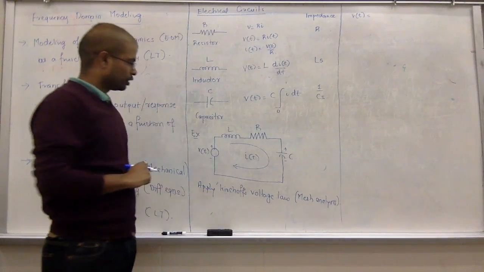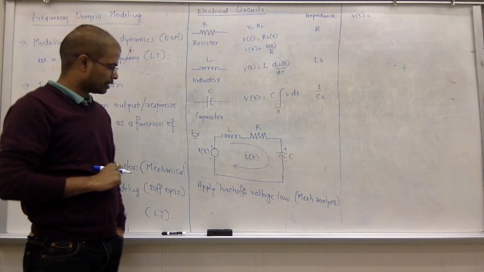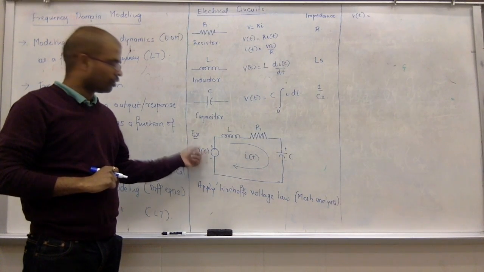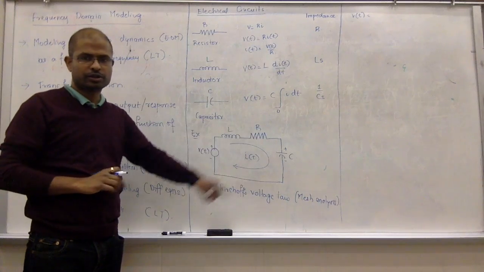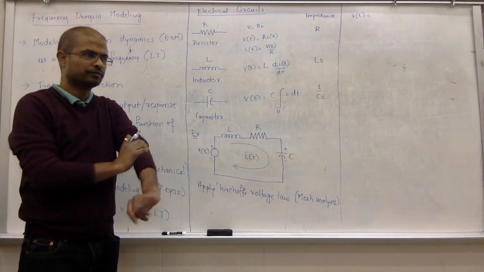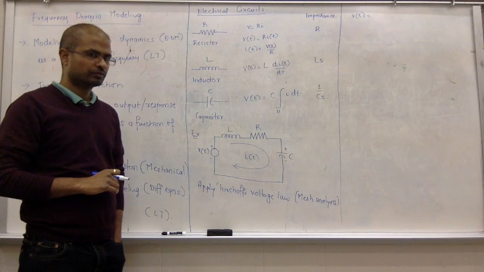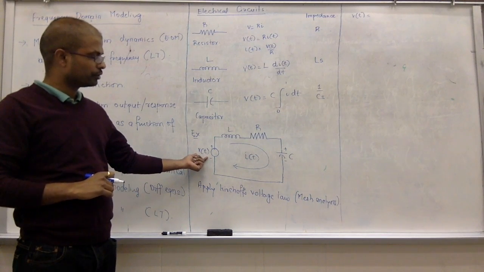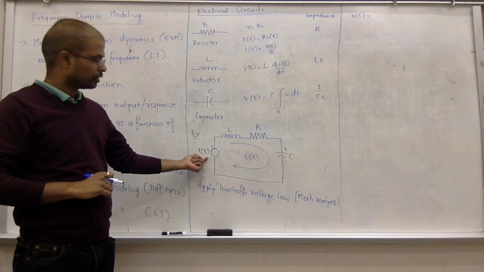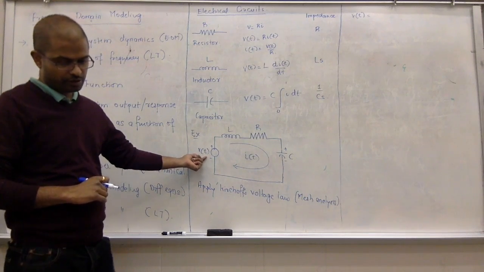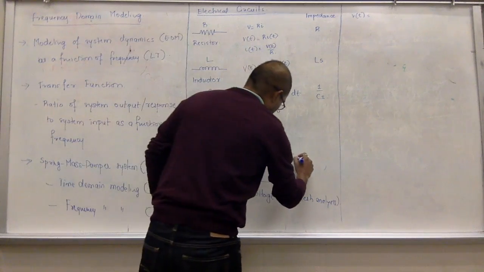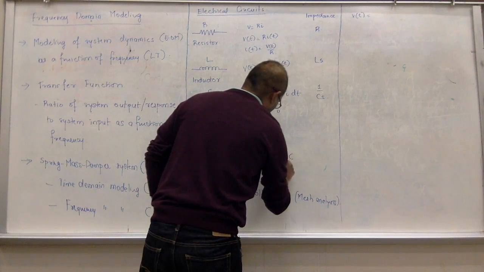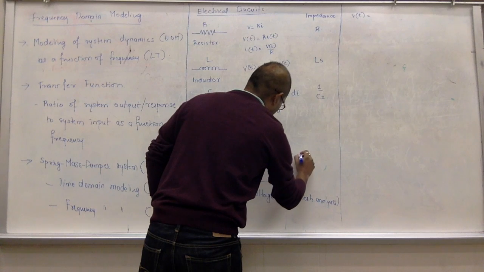So you have to understand something here. When you apply voltage here, all these are in series. What happens to voltage when it is in series? This is the applied voltage, your input, and the goal is to measure the voltage dissipated here.